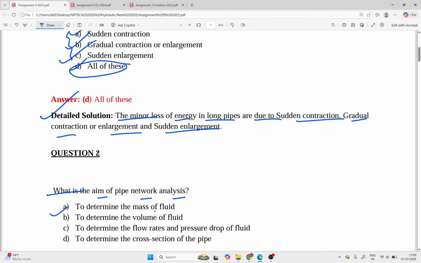To determine the mass of fluid, to determine the volume of fluid, to determine the flow rate and pressure drop of fluid, option D, to determine the cross section of the pipe. So here you have the 4 options. Just think on that. What is the aim of pipe network analysis?